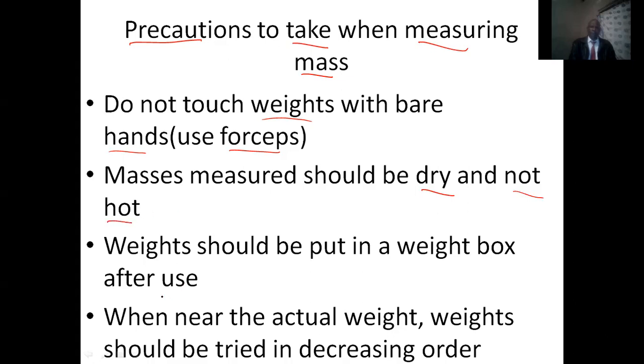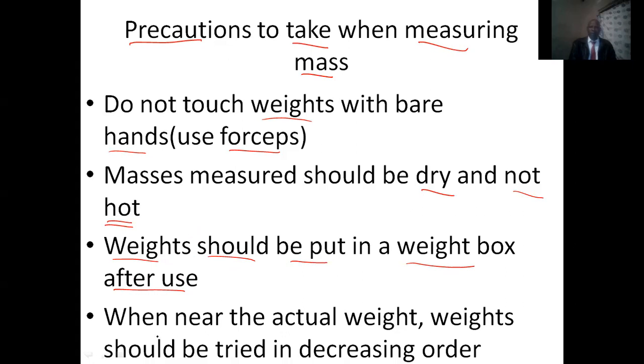The weights should also be put in a box after use so that they do not affect the accuracy of the triple beam balance. Because if they remain there, they are exposing the triple beam balance to those weights even when they are not being used.